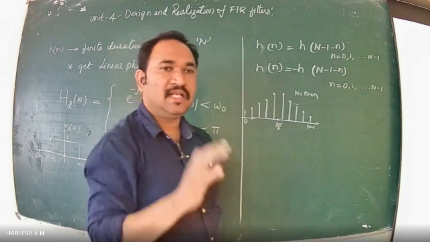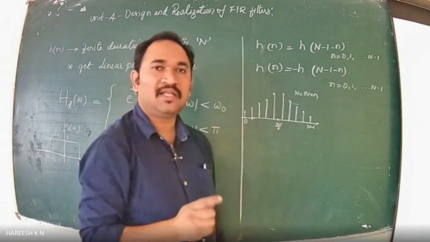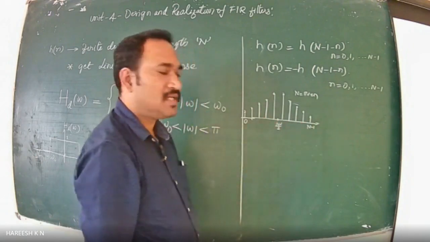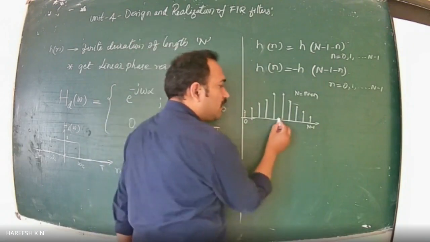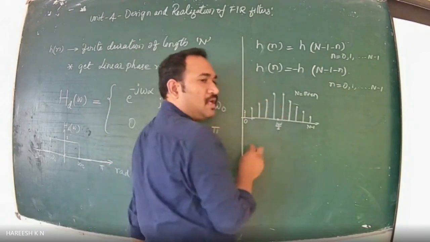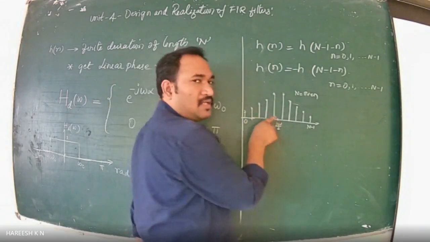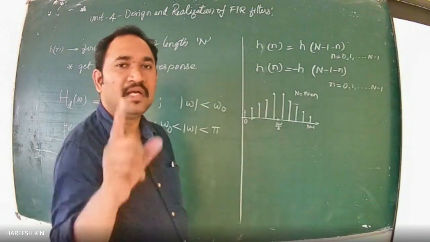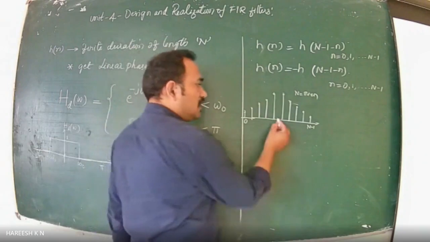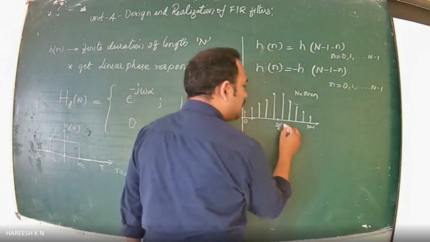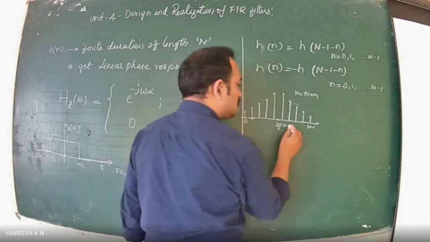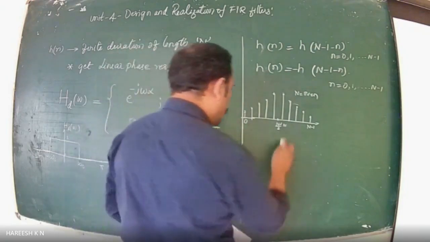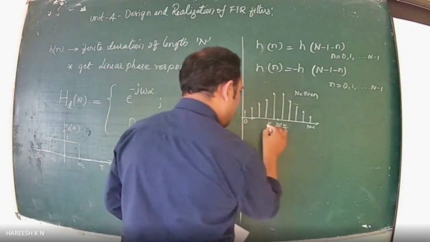If there are 10 samples in h of n, obviously 10 is an even number. Now, if there are 10 samples and it is symmetric in nature, its midpoint is N minus 1 divided by 2, where we don't have any sample. The value at that particular point is 0. We all know that discrete sequences are defined only at integer values of time. Therefore, it is 0 over there, and here it is N by 2, and here it is N by 2 minus 1.